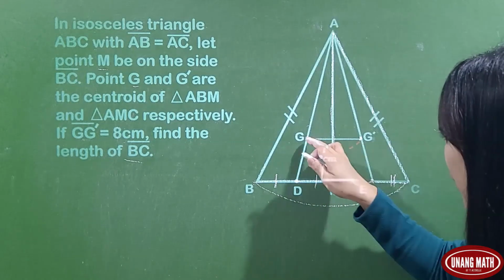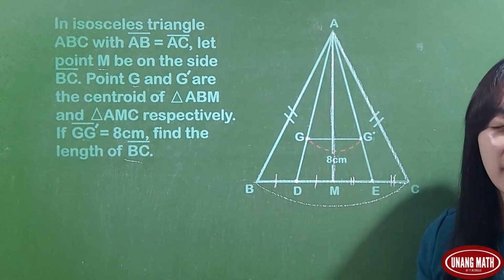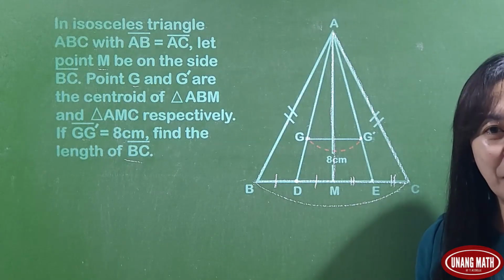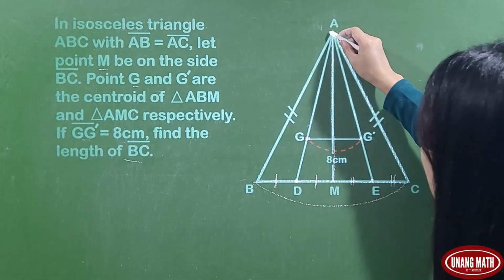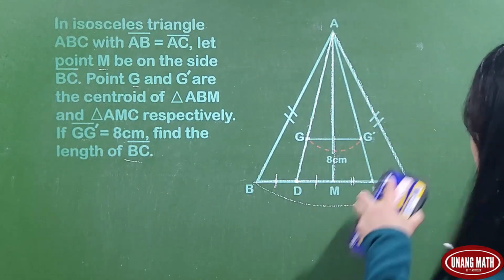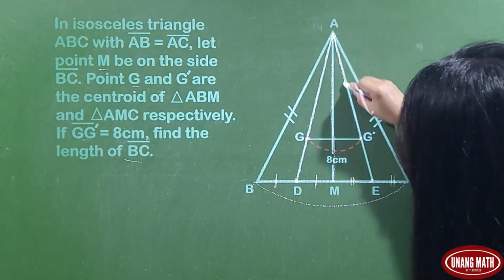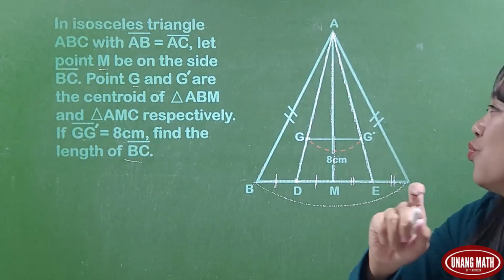Since segment AD and segment AE are medians, and if we recall the concept about centroids of a triangle, it divides the median in the ratio 2:1. So this is a median, and this is another median. It's in the ratio 2:1.